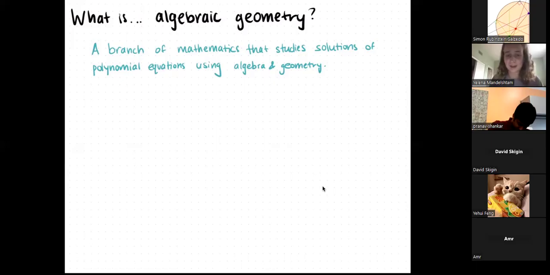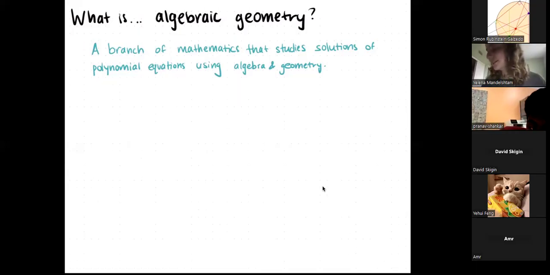Algebraic geometry is very big, and a lot of people believe it's a very hard subject. People spend years studying it, so I'm not going to answer this question in full in one slide, but I'll tell you a little bit. It's a branch of mathematics that studies solutions of polynomial equations using algebra and geometry.